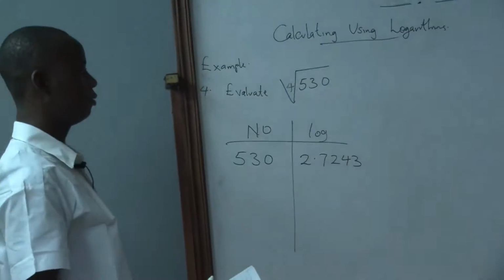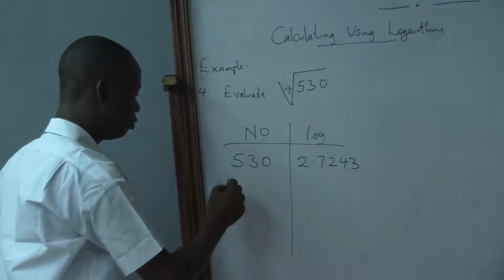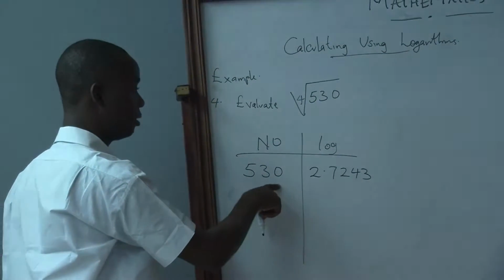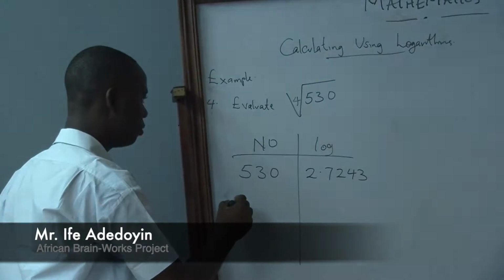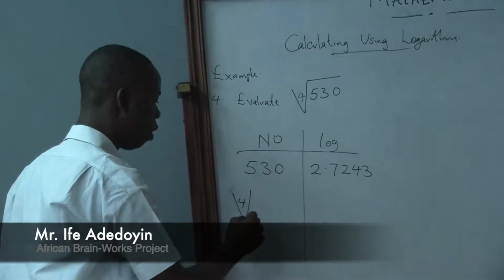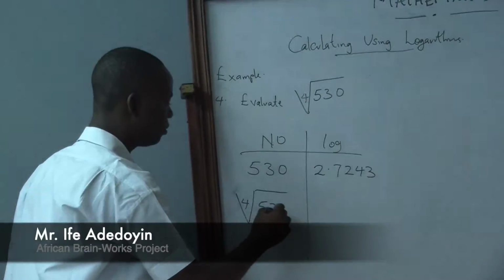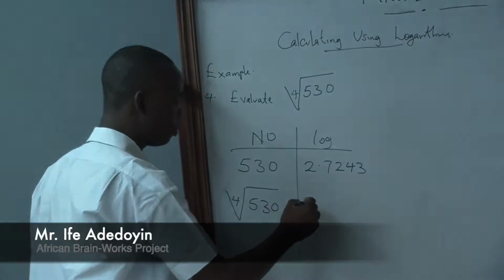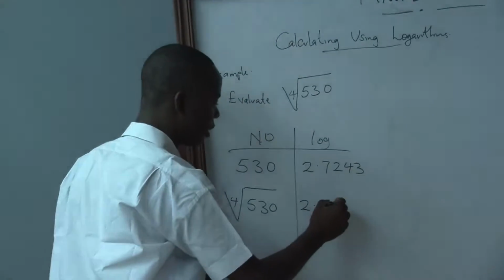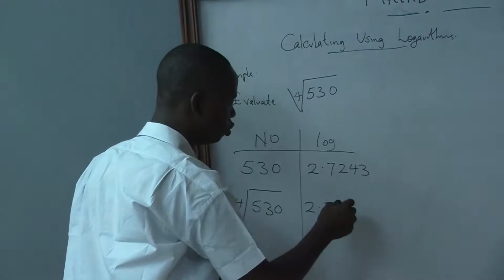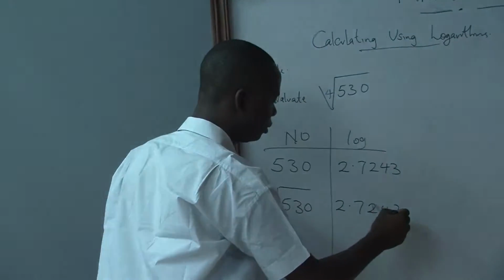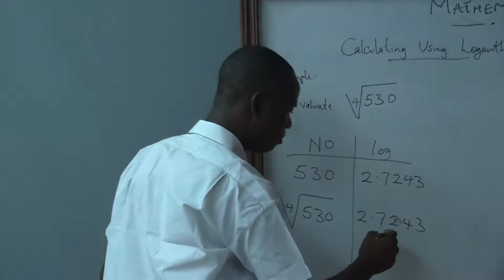That's the value we have. That is for 530. But we want to now find the fourth root of 530. That will be this 7243 divided by 4.